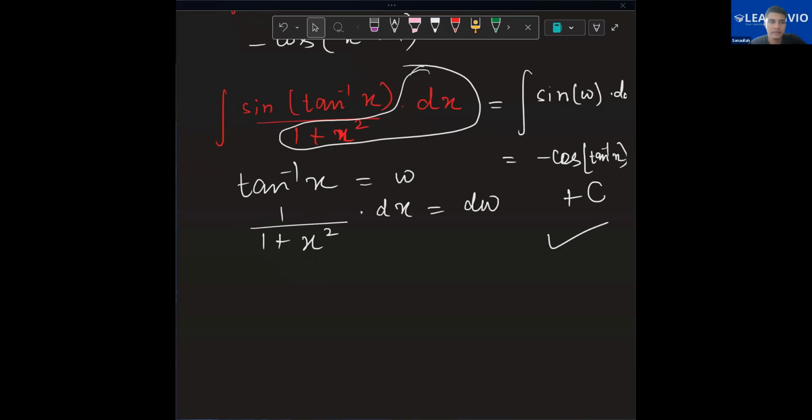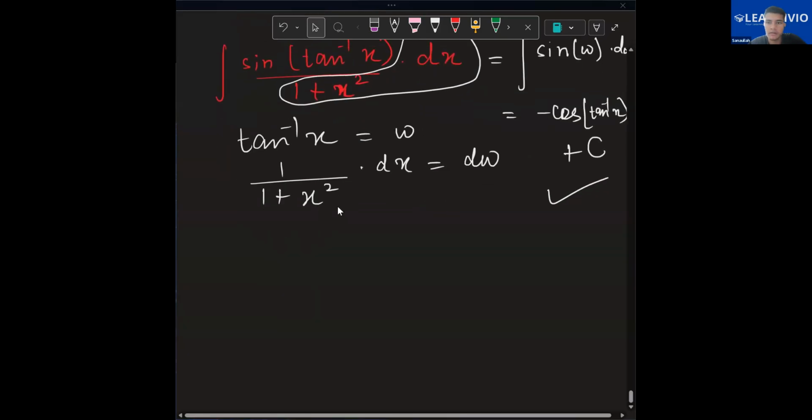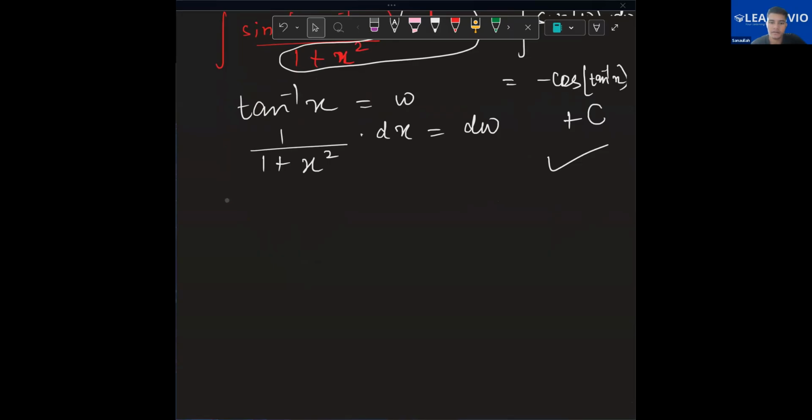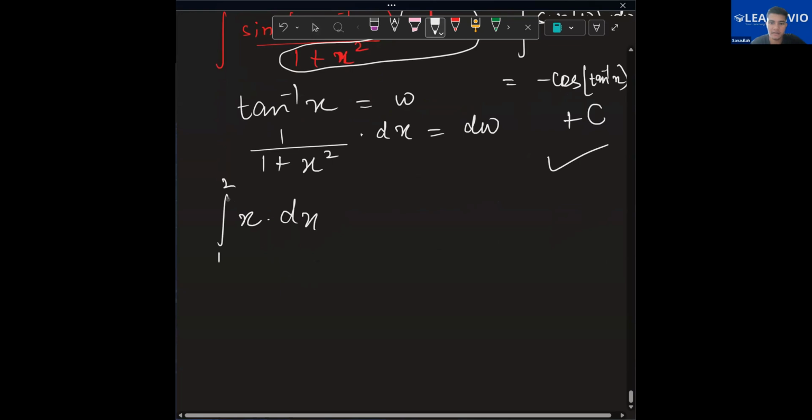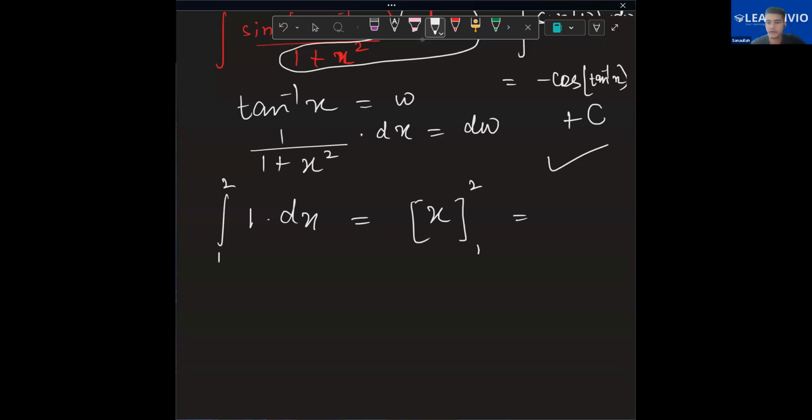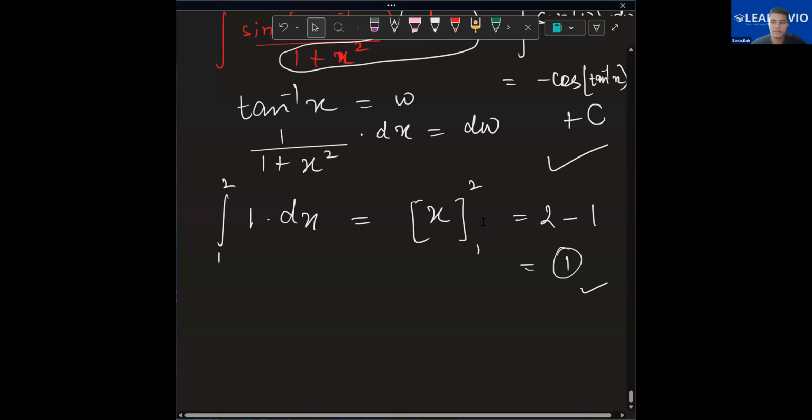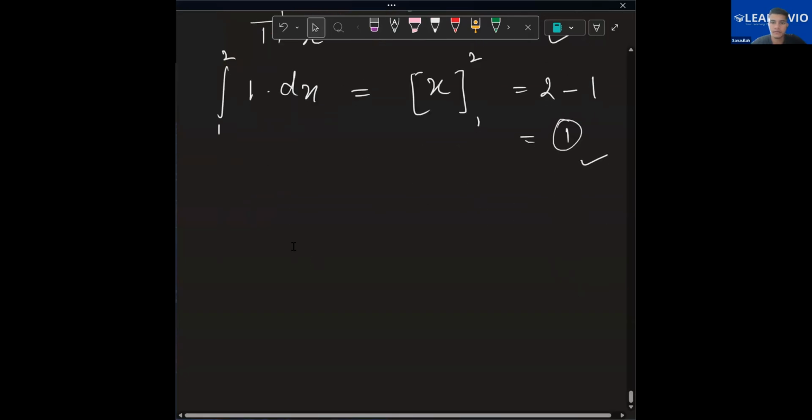Tell me, you know how to put the limits? ये देखो यार, जब यहाँ पे 1 से 2 है और x डॉट dx है, तो x का होता है instead of x just write 1, थोड़ा सा सिंपल हो जाएगा. 1 का होता है x और यहाँ पे लिमिट्स 1 से 2 है, so you will put upper limit minus of lower limit, that is 1. ठीक है, that's how you will put limits. If you know how to put limits, then you can solve this question.